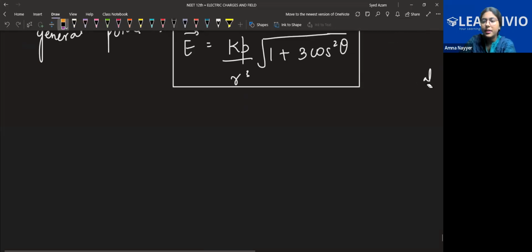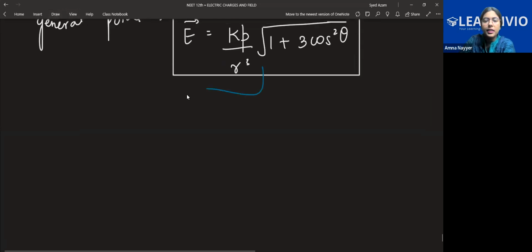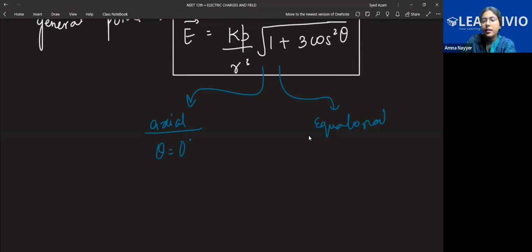If you put theta as 0 degree for axial, you will get the value back, and for equatorial, put theta as 90 degree. You will get your original equations back, which you have already studied.